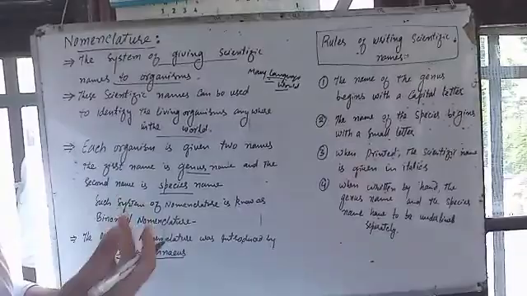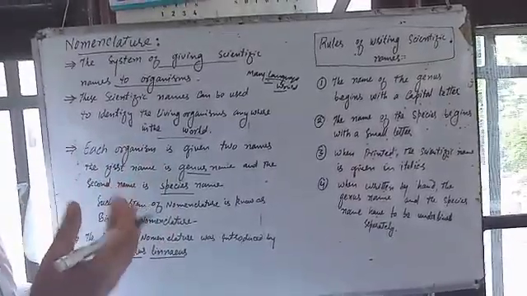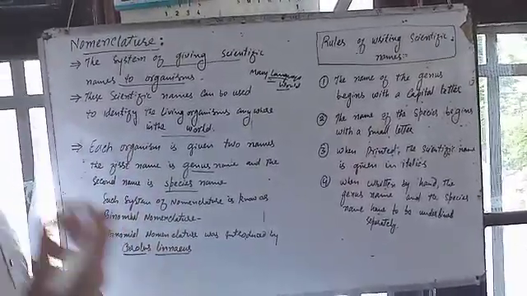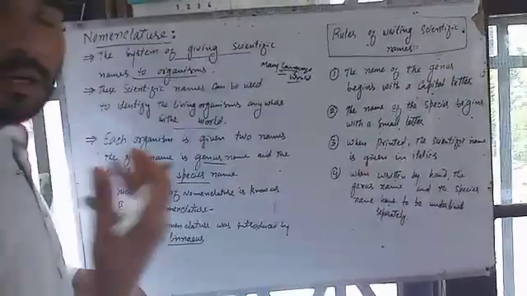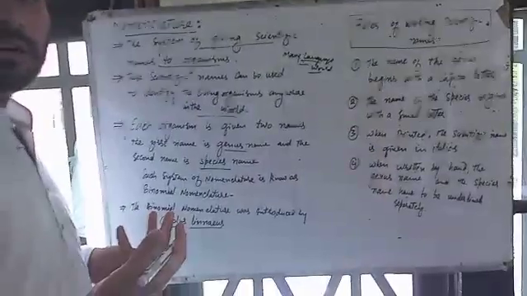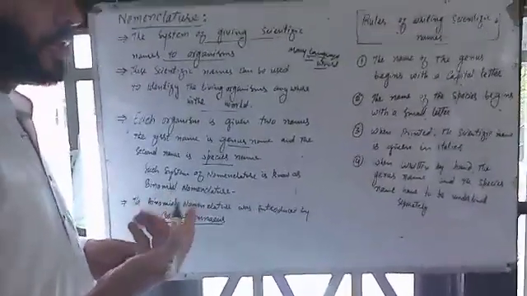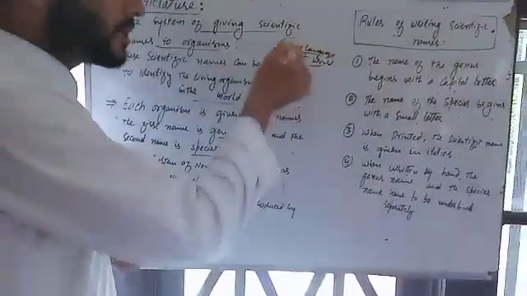For example, the sparrow: in Kashmiri we call it one thing, in Ladakhi another, in Punjabi another, in Hindi another, and in Chinese they call the sparrow something different. But the living organism is the same.